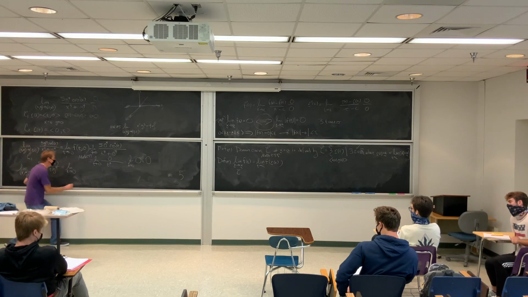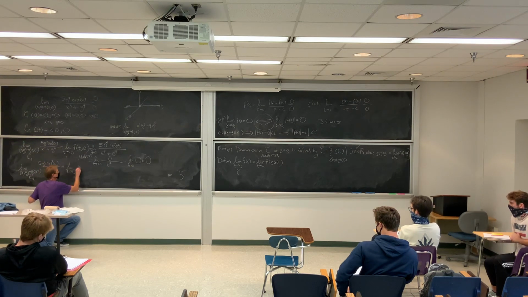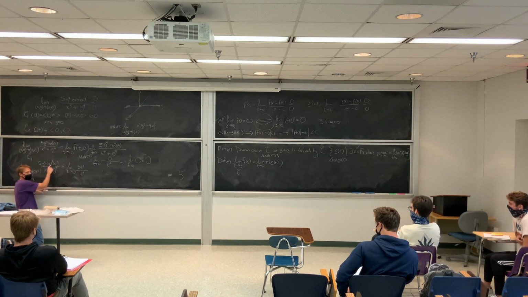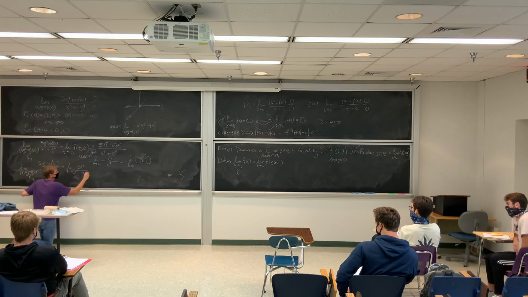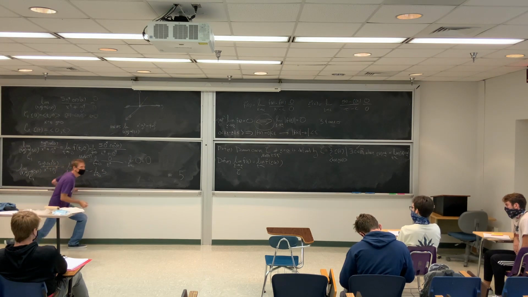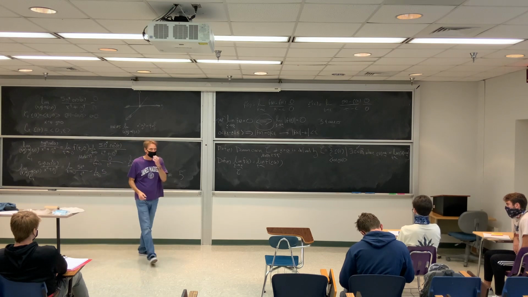So if I do that, I would get 5t to the 4 over t to the 4, and then I'm going to get cosine of 0, but cosine of 0 is 1, and so we get the limit as t approaches 0 of 5, which is the number 5.